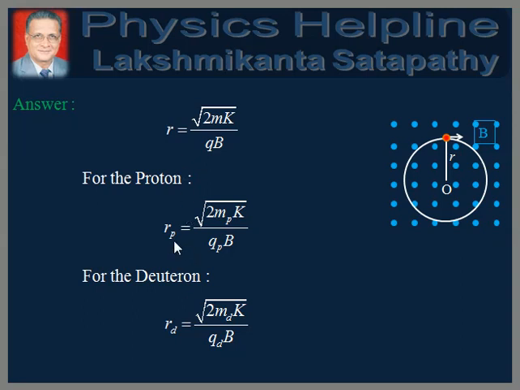We write the radius of circular path as rp, which is equal to root over 2 into mp into K divided by Qp into B. Now, let us recollect that the kinetic energy of both proton and deuteron is the same, they are equal. Therefore, we use the same notation K for both. Similarly, for the deuteron, we write rd is equal to root over 2md into K divided by Qd into B.